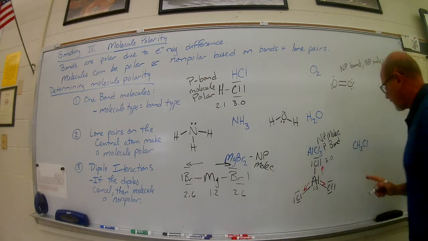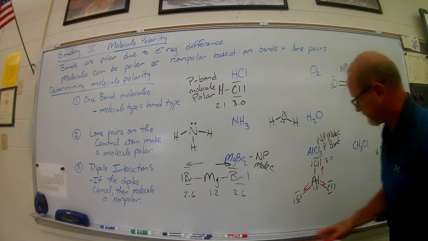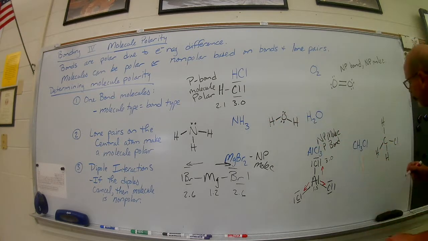Now CH3Cl is very similar. I'm going to put carbon in the middle, 3 H's, and a Cl. If I look at my electronegativities, I find hydrogen is 2.1, carbon is 2.5, and chlorine is 3.0. So the pull of electrons there, push, push, push.